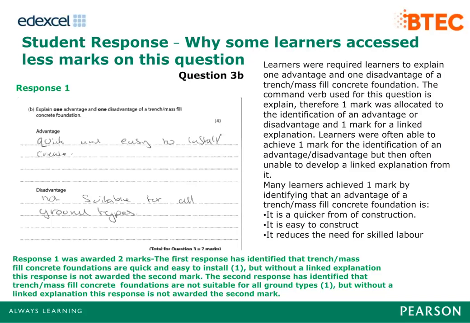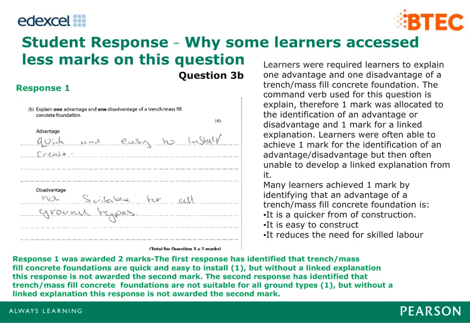Some students did not interpret the question well and gave a range of inaccurate responses, which did not relate to the advantages or disadvantages of a trench or mass-fill concrete foundation. Incorrect responses included: it is a greater load-bearing foundation, it has greater stability, it is more durable, it is cheap, it is not always the cheaper option.